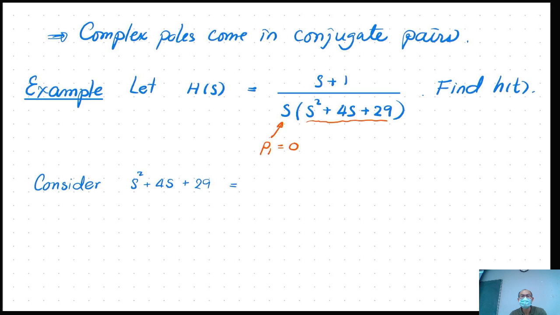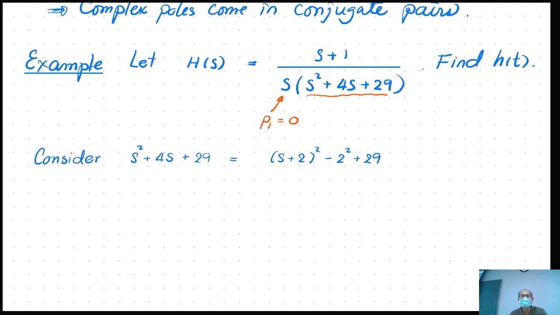We find that it is equal to s plus 2 squared minus 2 squared plus 29, and this is equal to s plus 2 squared plus 5 squared.